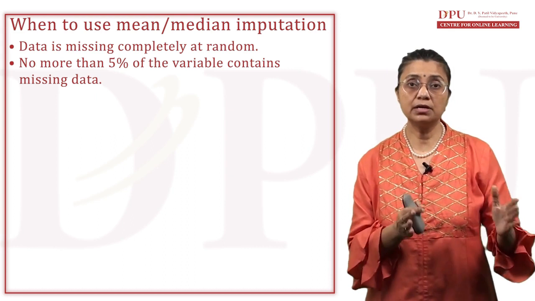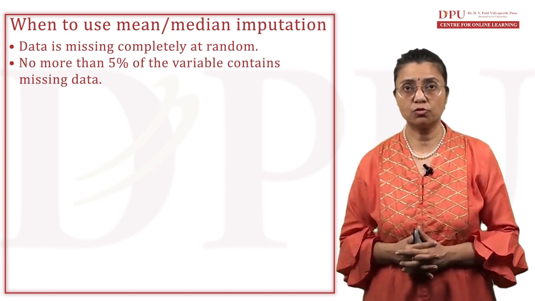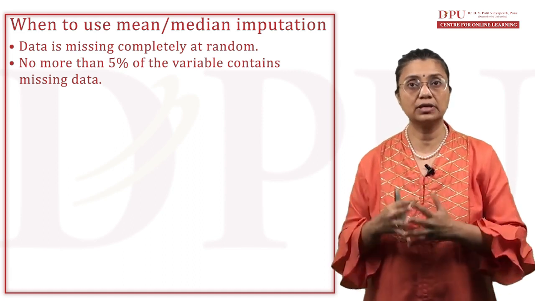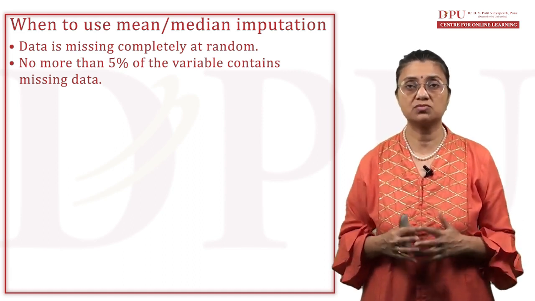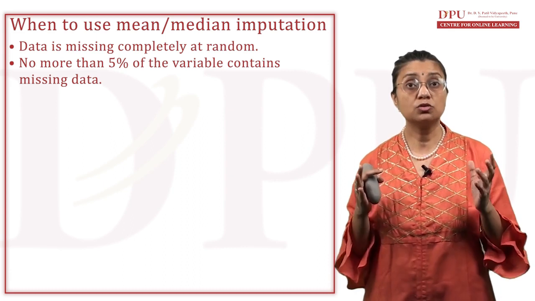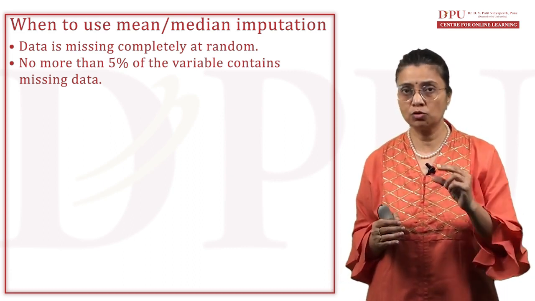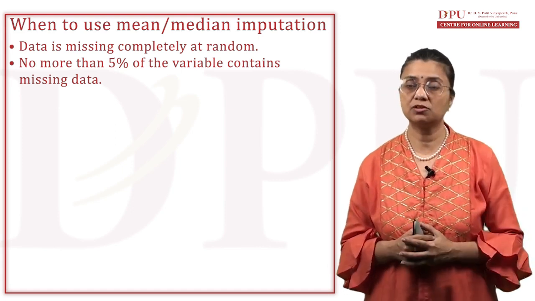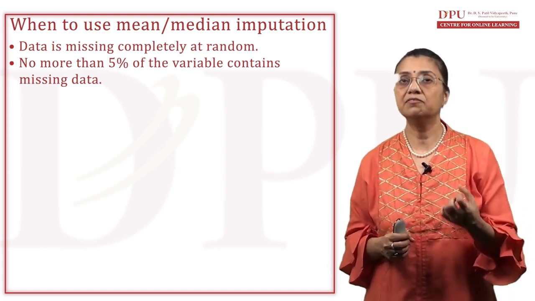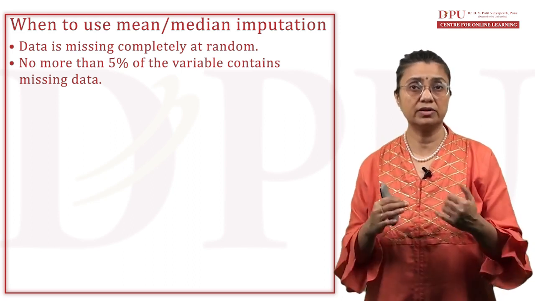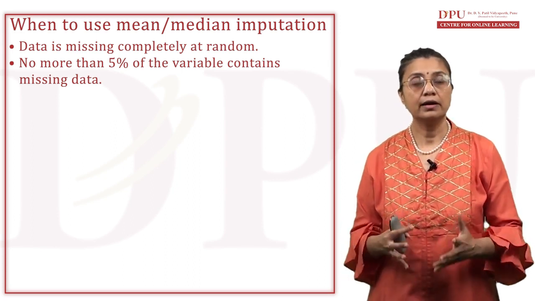But if I have appeared in 4 subjects and I am absent in 4 subjects, I cannot find the average of the 4 subjects and substitute that in the other 4 subjects where I have remained absent. So I can apply mean and median only where 95% of the data is in my hand. If it is in my hand, then only can I go ahead and substitute mean and median in the rest of the 5% of the records.